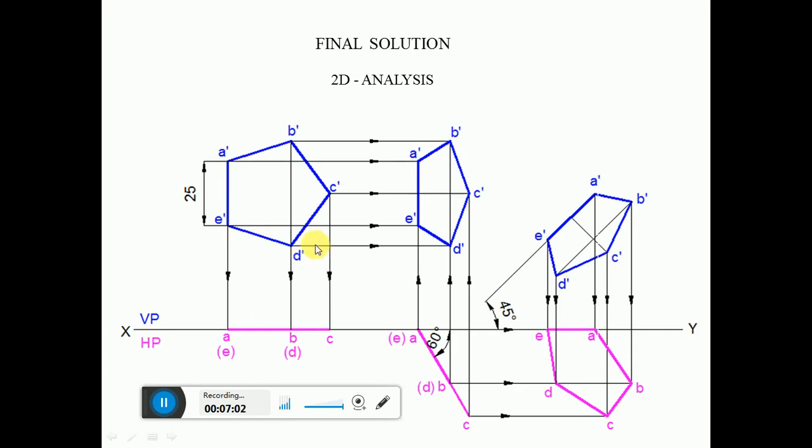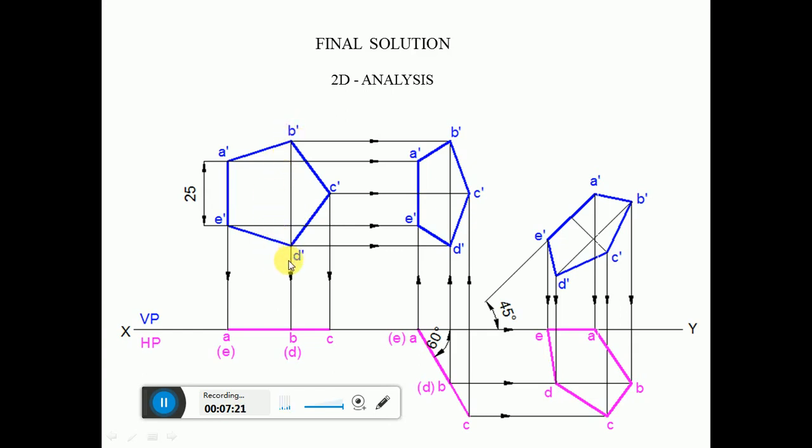Then by using the compass, measure the distance of 25 mm with A dash as center and cut an arc on this line, and also with E dash as center, cut an arc on this side, so that both cut at these points.